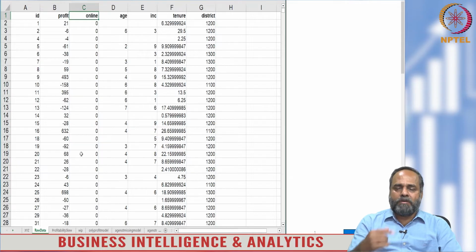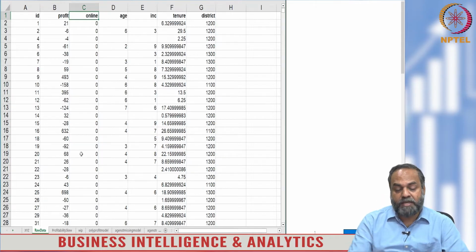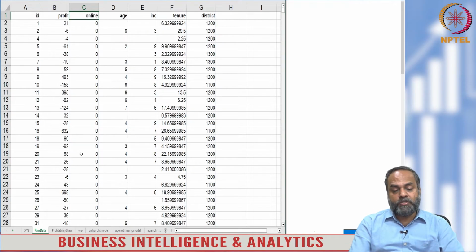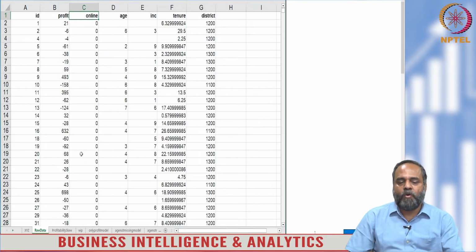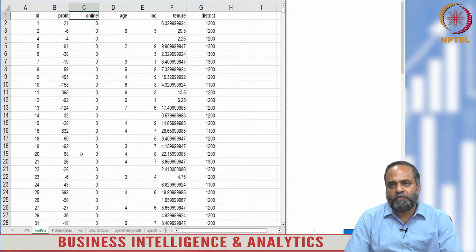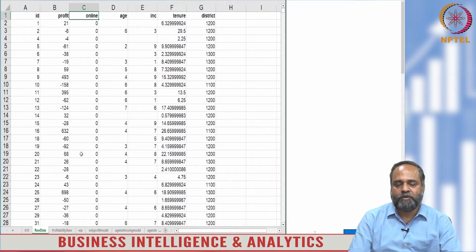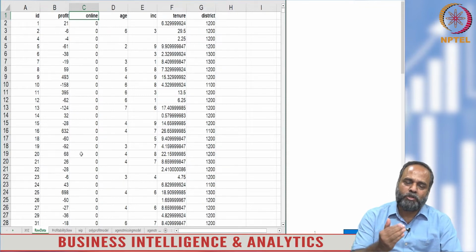So what is done here is that the manager goes to the IT department and asks for some sample data. Of course the IT department will ask what sort of data she wants, and then she says, maybe share with me some 35,000 records of customers, and the customers should be both online and offline.